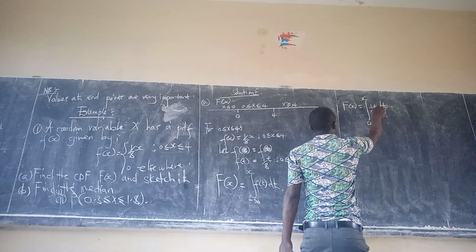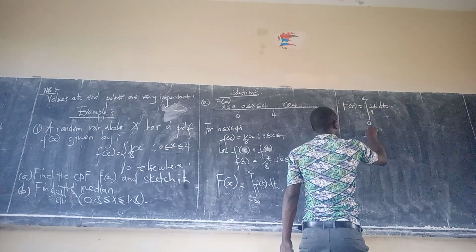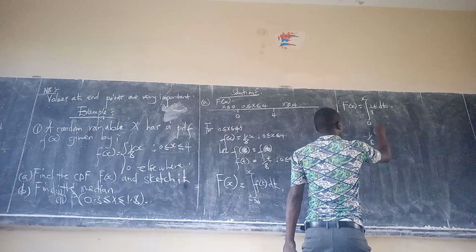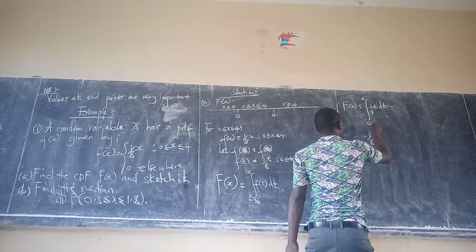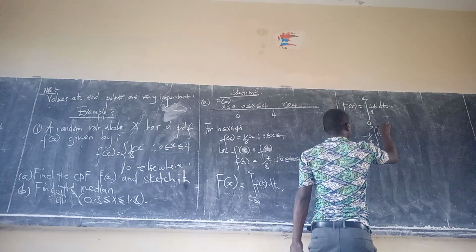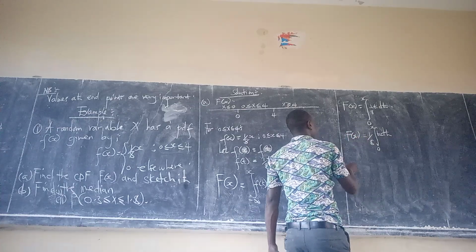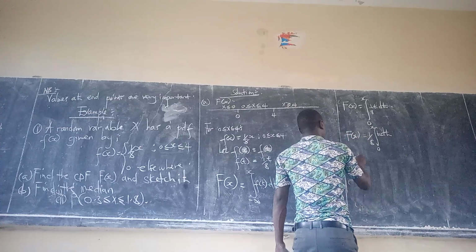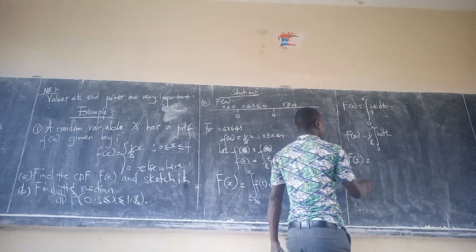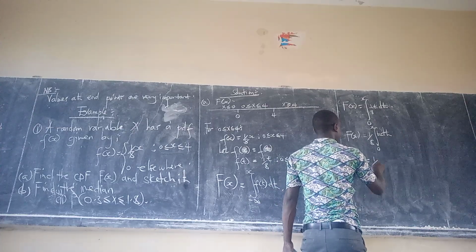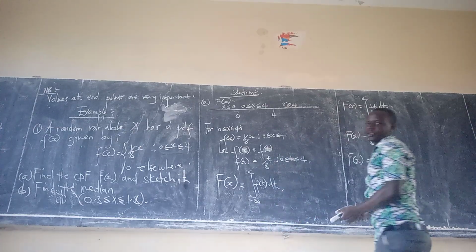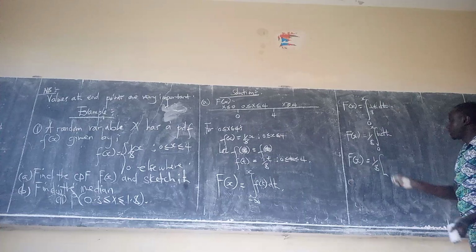So 1 over 8t, 1 over 8 is a constant, you pull it out. We now have the integral from 0 to x of t dt. That is our capital F of x. So our capital F of x is going to become 1 over 8. What do we get when we integrate a t?